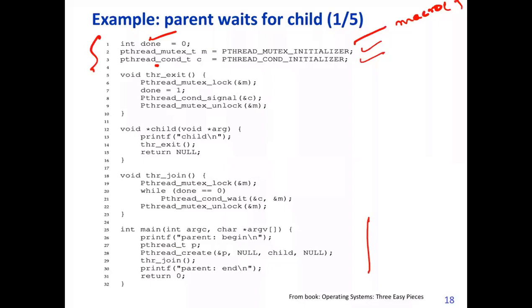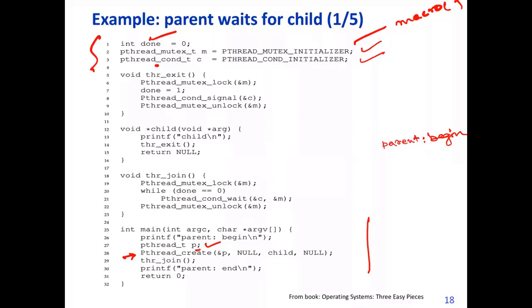The main program first prints begin. So it will print parent begin. And then it will create a child thread. We'll have to define that. p is a variable of type pthread_t.